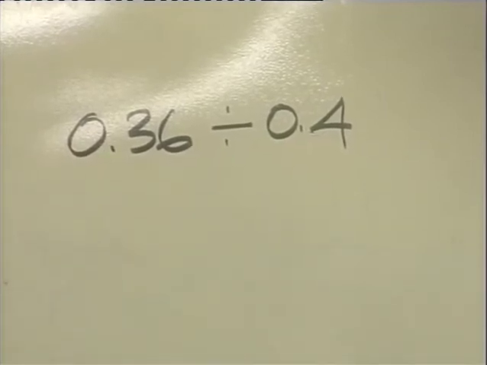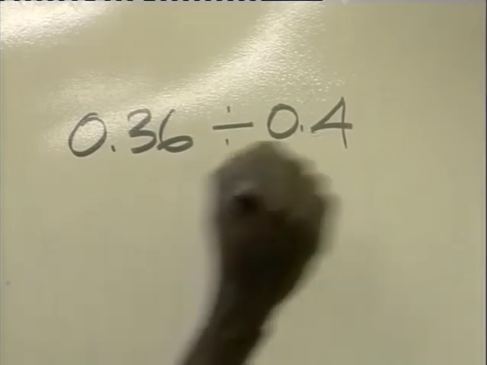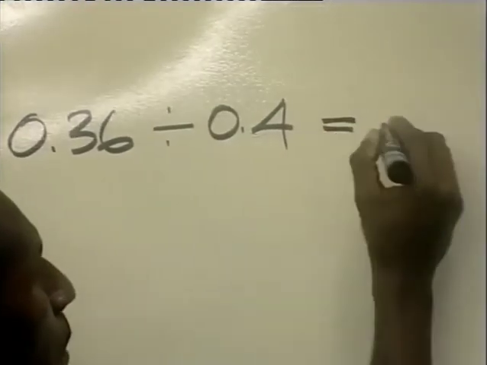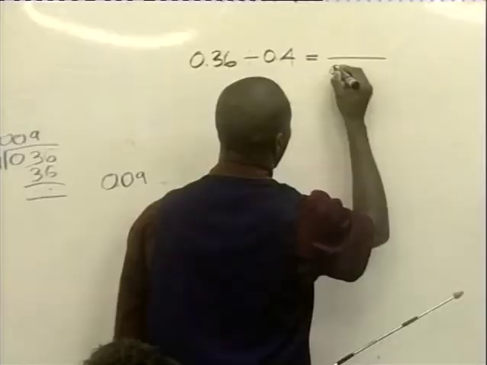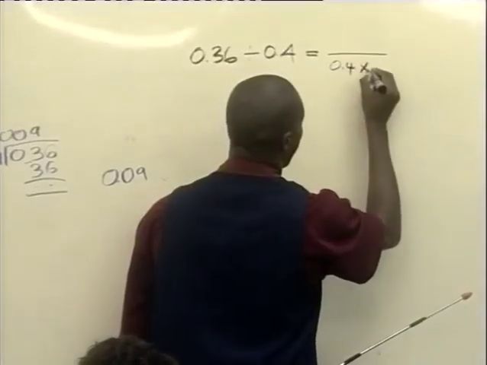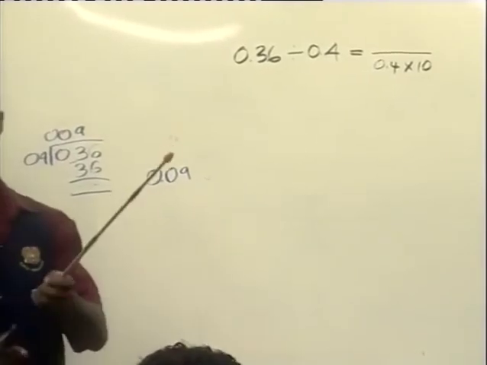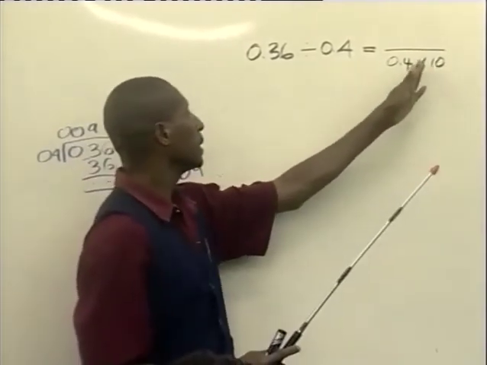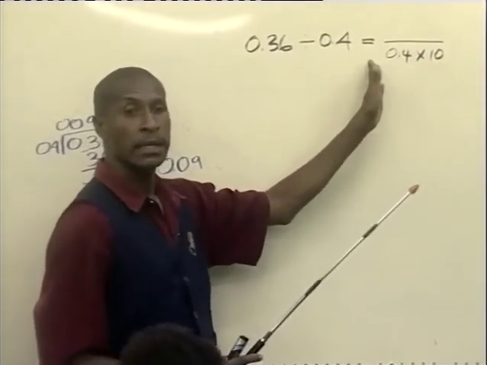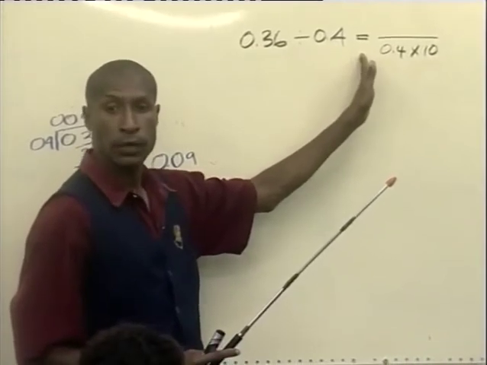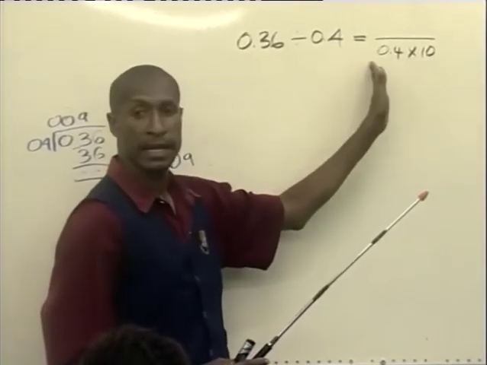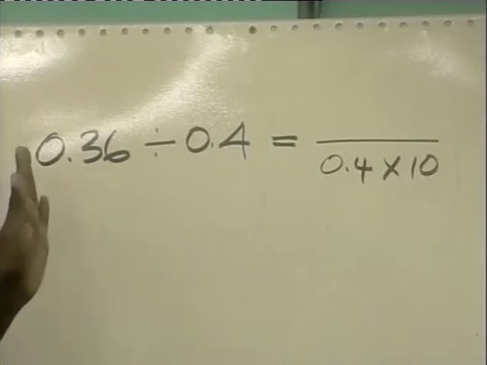That's what Lini said. Multiply the divisor by 10. Also, do not forget, when you multiply the divisor by 10, you have to multiply the dividend by 10.